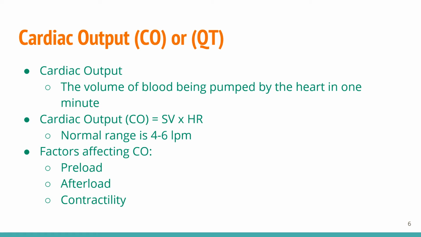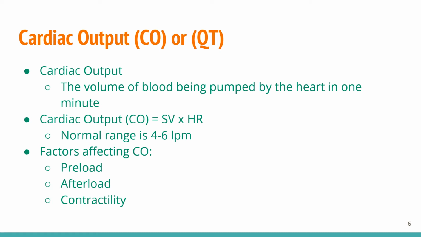So your preload, I'm just going to give you a little preview of what preload is, and then we're going to talk about it more in the next few slides. Your preload is the volume of blood in the ventricles during the relaxation period, the diastole, after the contraction.